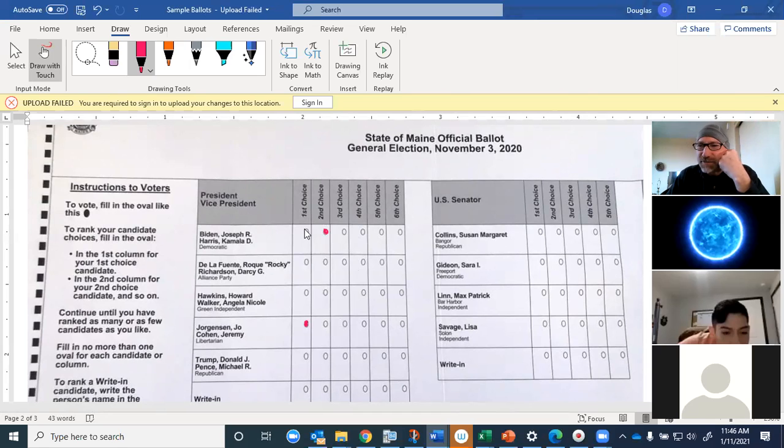So this is one of the reasons why there are some voting changes going on, because there's a lot of chance that a third party might get more votes and might be a bigger influence in the election if they can rank them. So many people would say, well, I know that Jorgensen doesn't have a chance, so why vote for her in the first place?